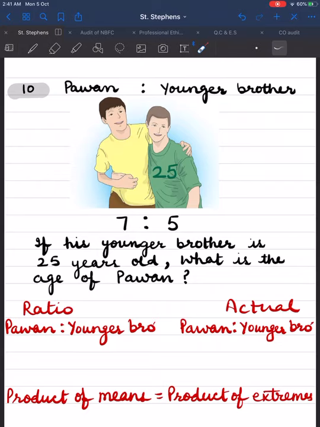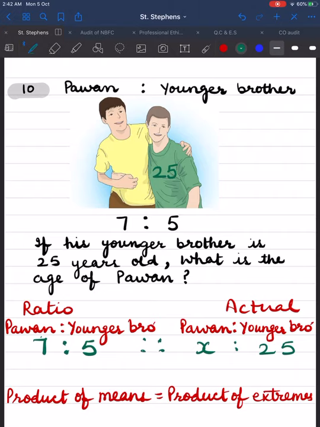So here let's write ratio of Pawan's age to his younger brother's age is 7:5, and we have to find out actual age of Pawan. So let's suppose it is X, and the actual age of younger brother is 25 years. So it is X ratio 25, and these are in proportion.